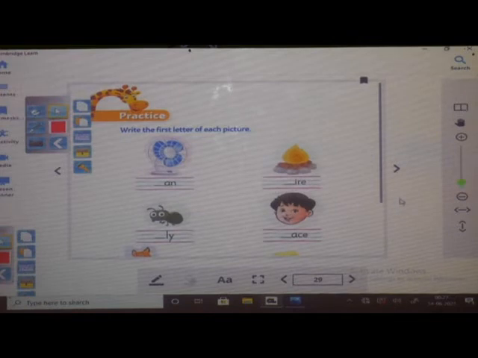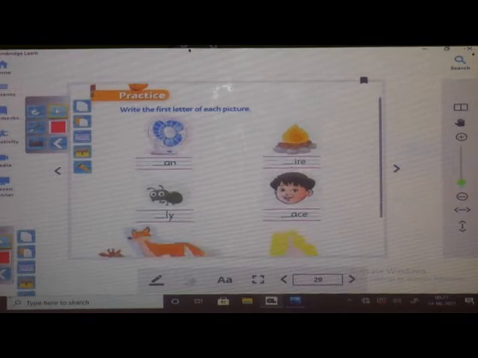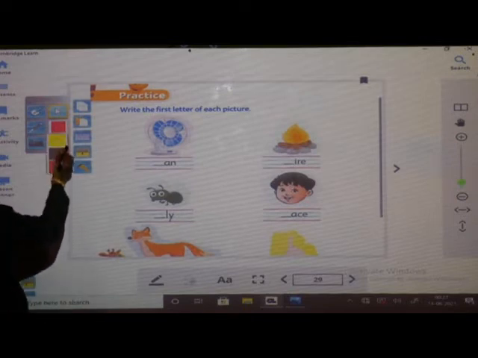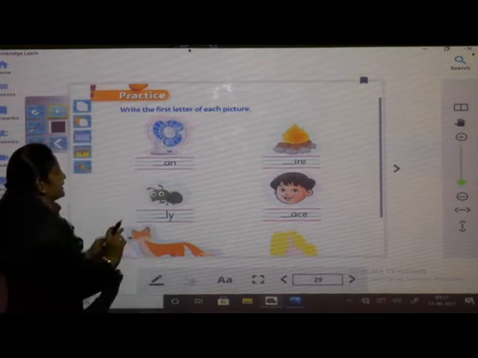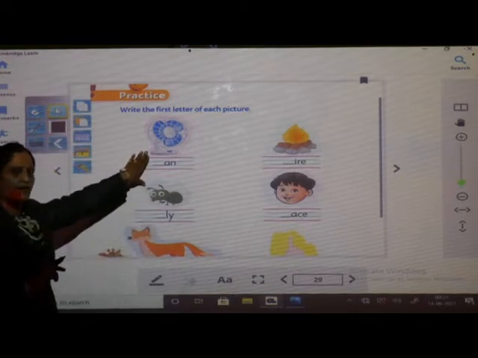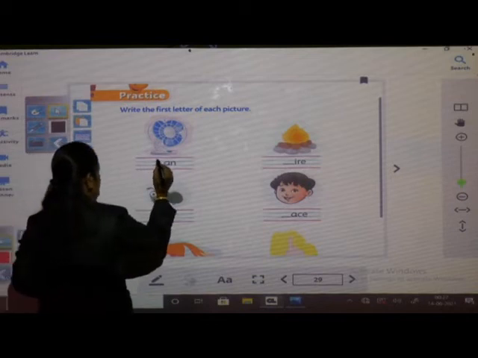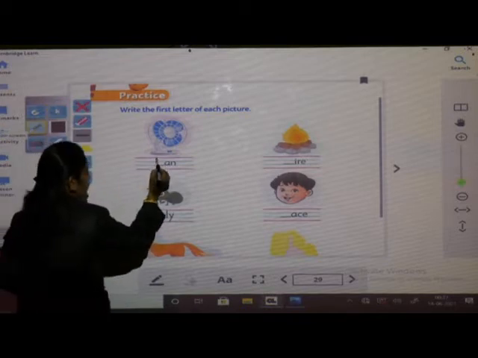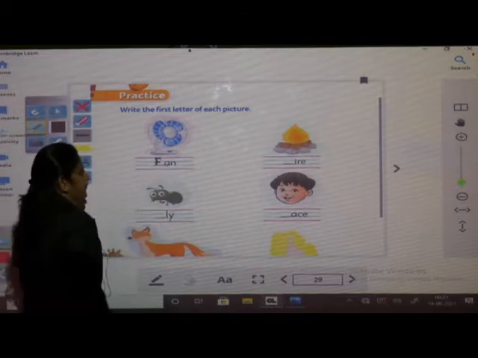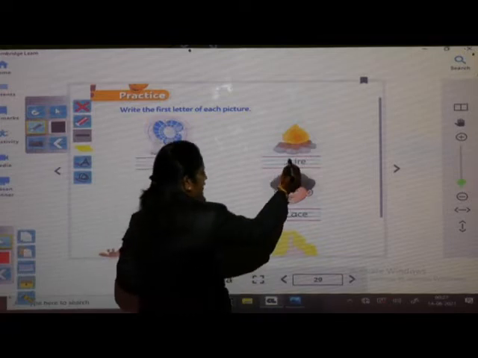Here you have to do practice. Write the first letter of each picture. Okay. So here we have to write the first letter. Which picture is this? Fan. With which letter does it start? It starts with letter F. So here we have to write capital letter F. Fire.